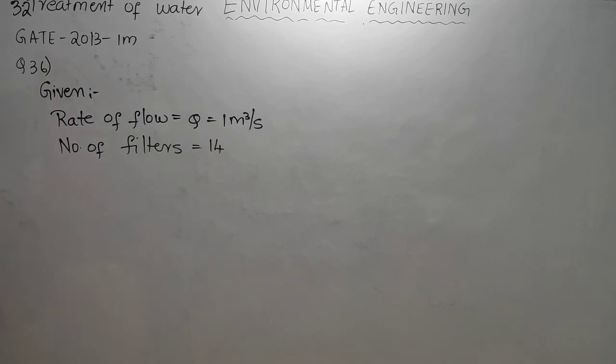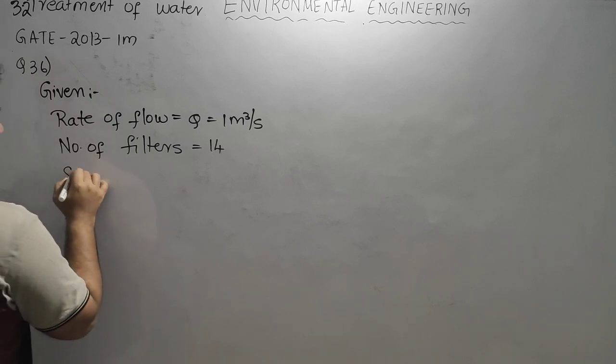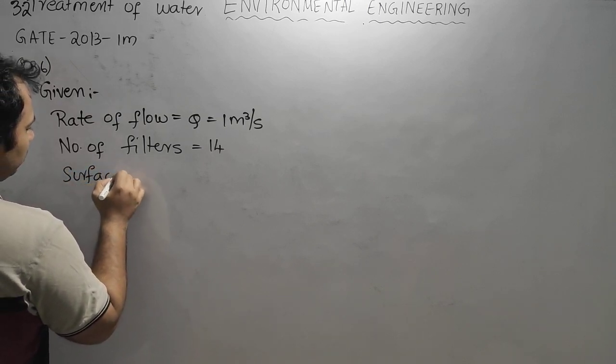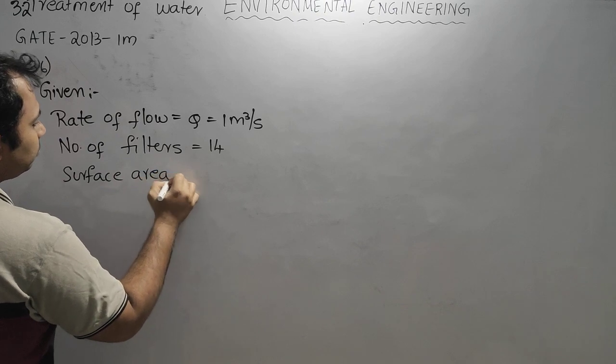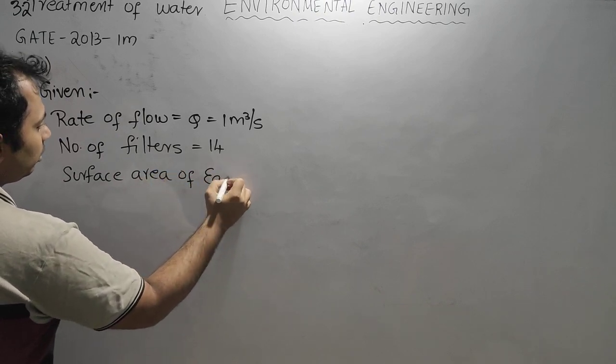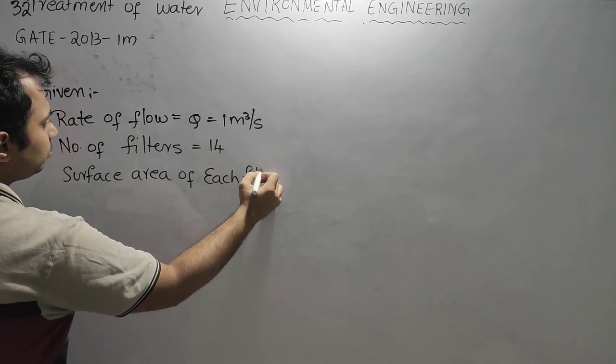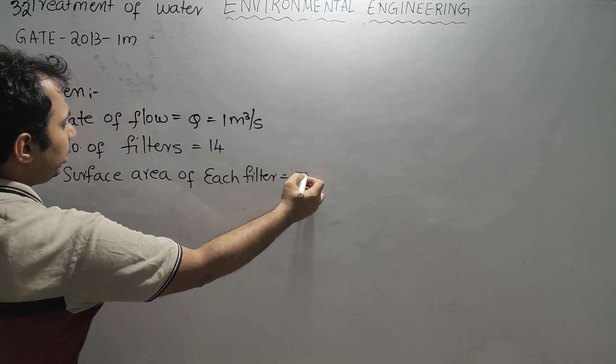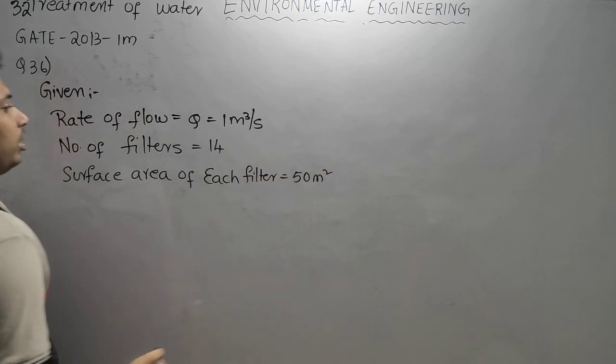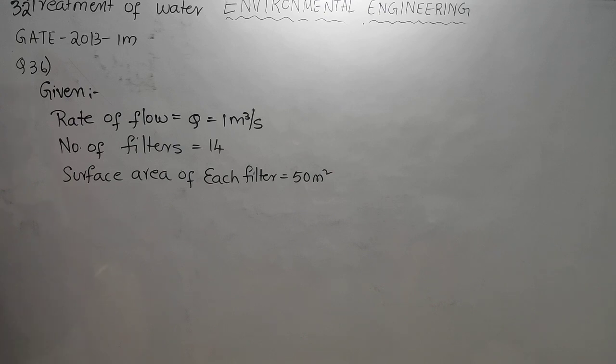So each filter is having a surface area of each filter is 50 meter square. Surface area of each filter is 50 meter square, and number of filters work at a time.